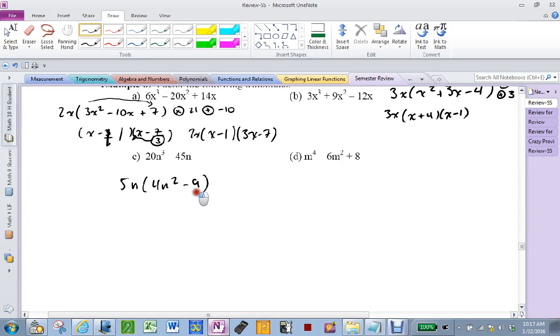Yeah. Any of you going to circle it? Probably. Will it be right? Because isn't 4 a perfect square? And isn't 9 a perfect square? So it's 5n, square root of the first one, 2n, plus square root of the second one, 3. 2n minus 3. This one.